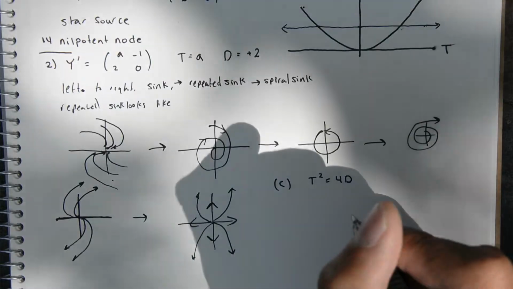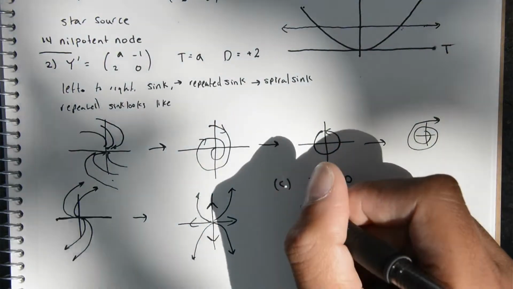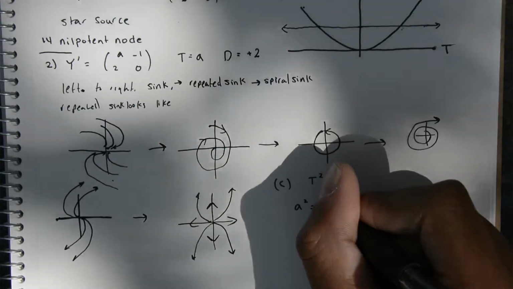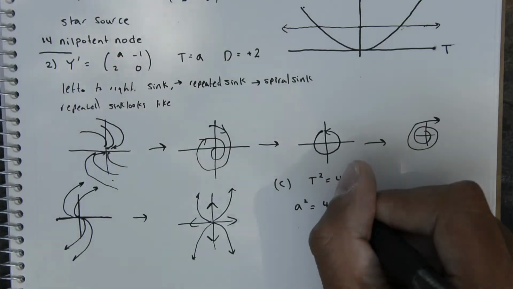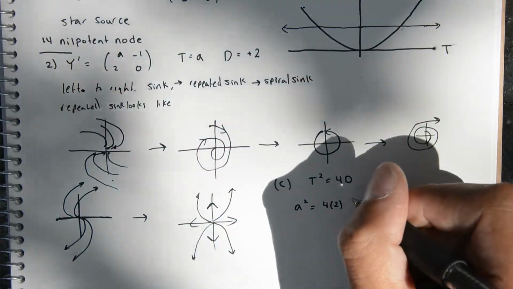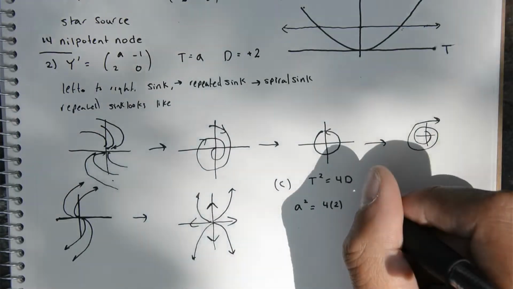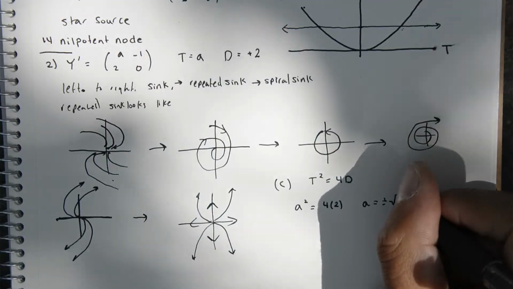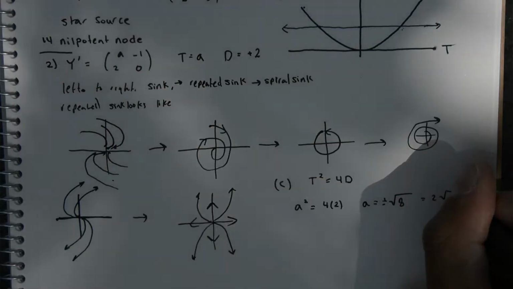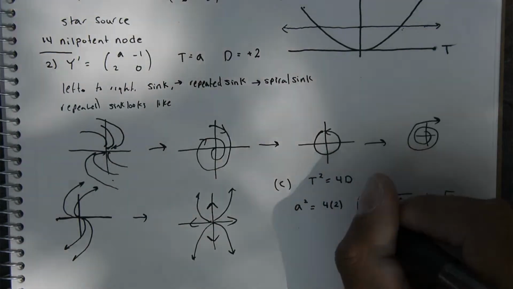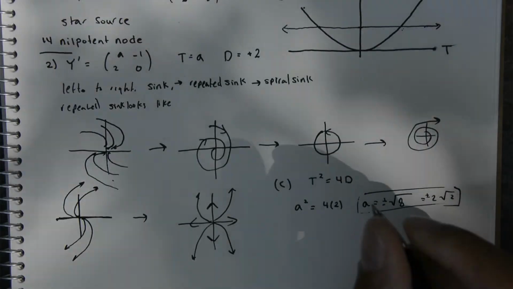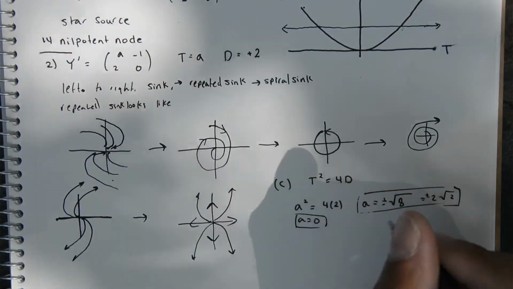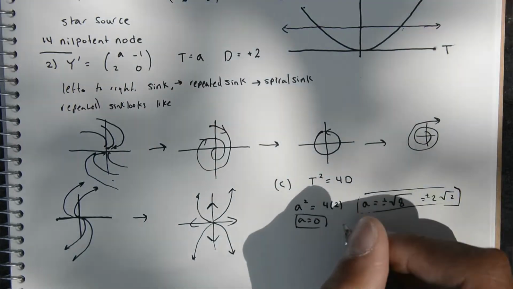The first bifurcation is going to be when a squared equals 4 times 2, because this is 2. So a is equal to plus or minus square root of 8, which is 2 root 2? All right, so this is 2 of them. Then we're also going to get it where a is equal to 0. So these are the 3 bifurcation values.